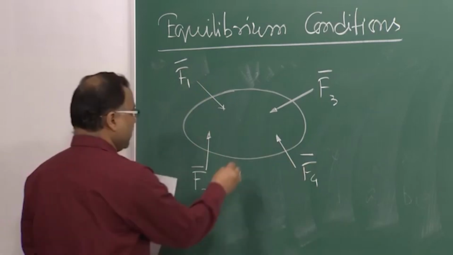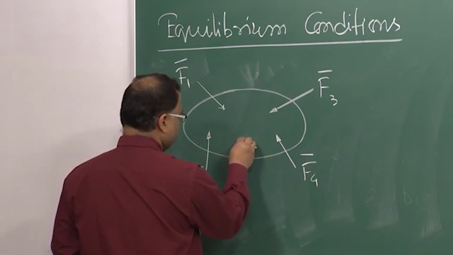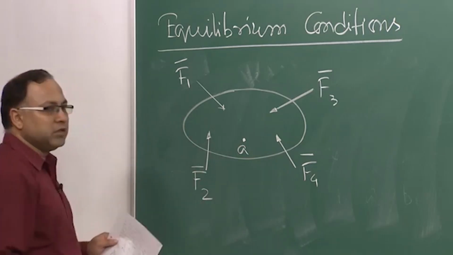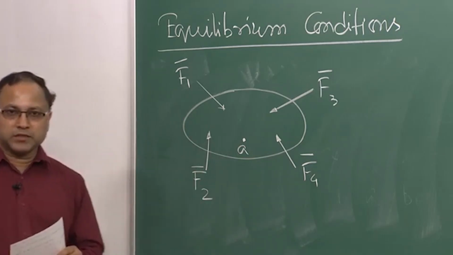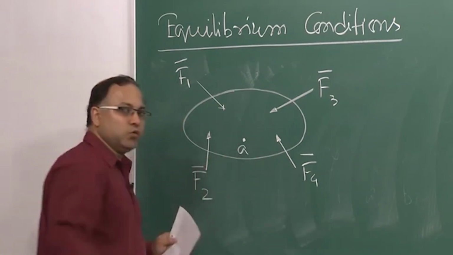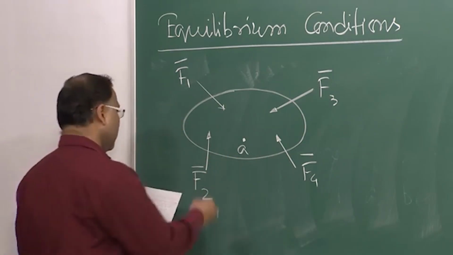Okay. And you are considering one point, say A, and you want to find out the moment of these forces about point A. Okay. So, you need to know the displacement vectors. Okay.